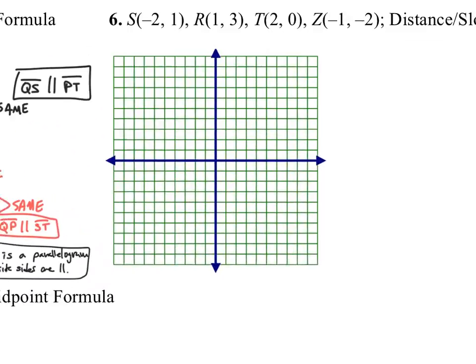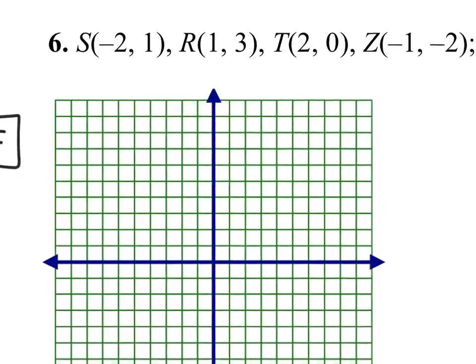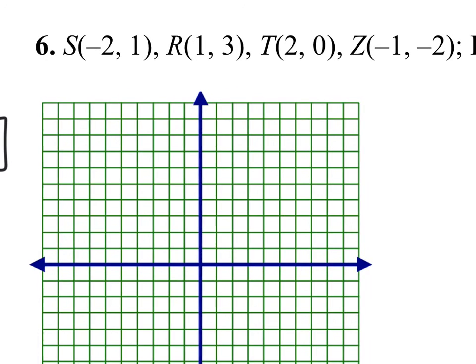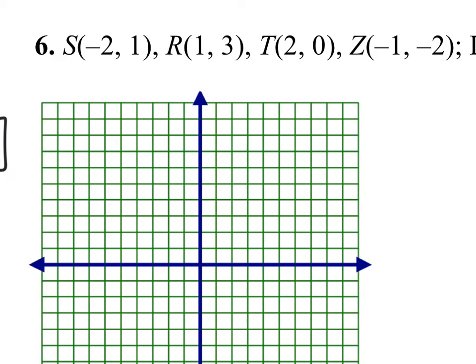Let's do that one. And I want to go ahead and plot these points. So I've got the point -2, 1, and that's point S. Okay. I've got the point 1, 3, that's R. Got the point 2, 0, and I've got the point -1, -2.